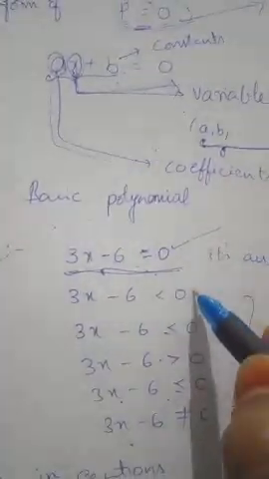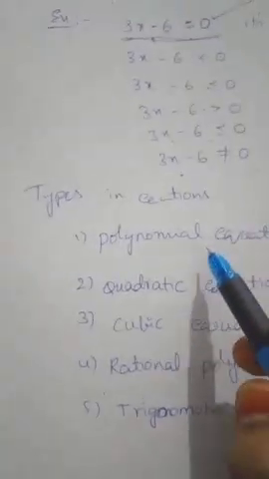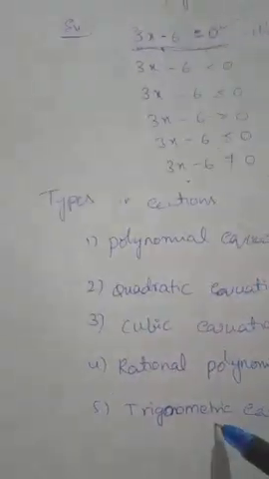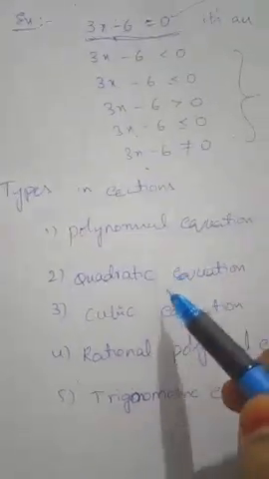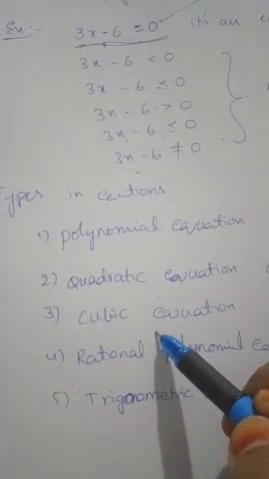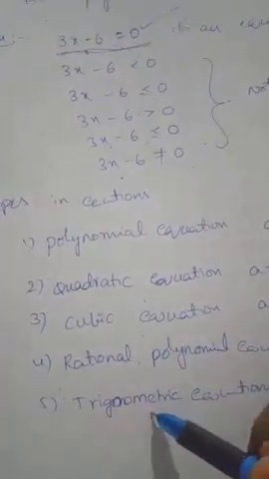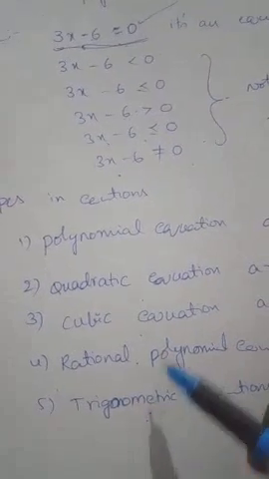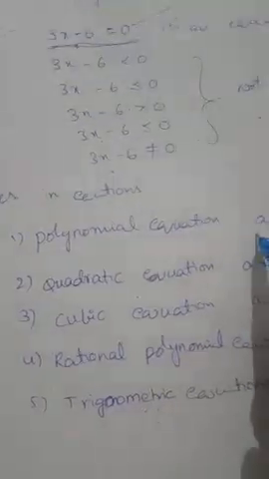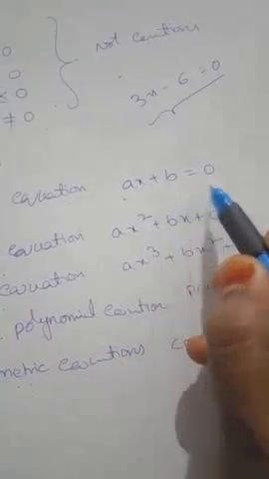Now consider how many types of equations there are. In mathematics, we divide equations into 5 types: polynomial equation, quadratic equation, cubic equation, rational polynomial, and trigonometrical equation. Polynomial equation means the basic form of an equation, ax plus b is equal to 0.